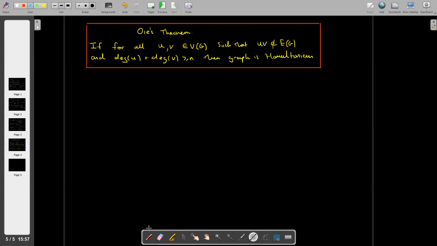So basically in English, this is saying if for all non-adjacent vertices U and V, the degree of U plus the degree of V is greater than or equal to n, then the graph is Hamiltonian.